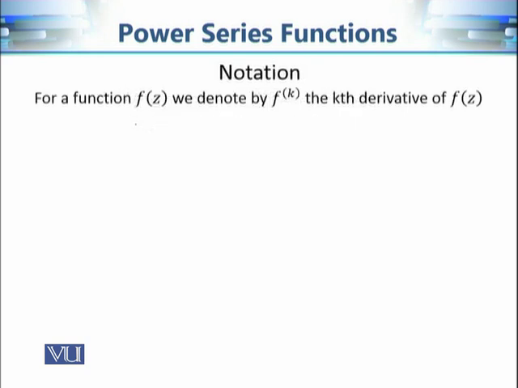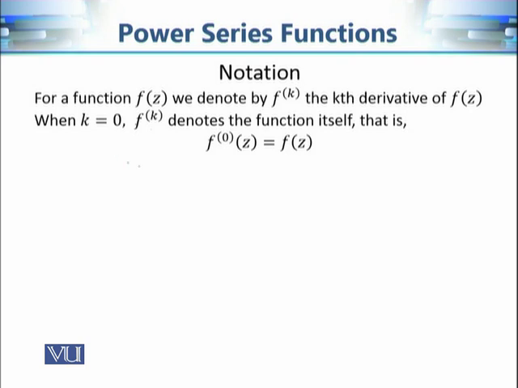We begin with some notation that we will use for the rest of our discussion. We denote by f^(k) the kth derivative of f of z. If k is equal to 0, it means the function itself. If k is equal to 1, it is the first derivative. If k is equal to 2, it is the second derivative, and so on.